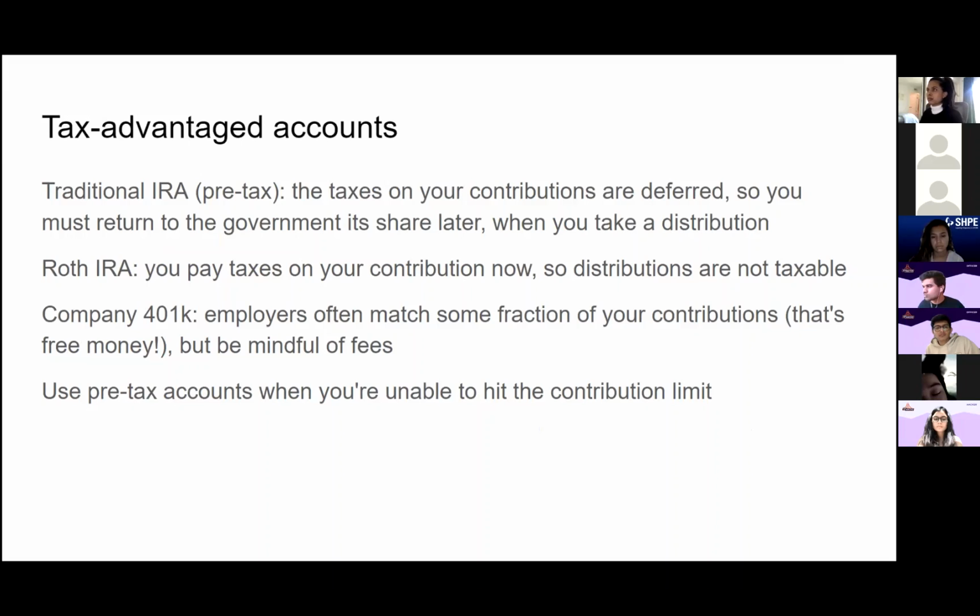And a Roth IRA is where you pay taxes before the money goes in. If you're able to hit the contribution limits, think about using a Roth IRA, because if you do the math, that represents a higher pre-tax amount.